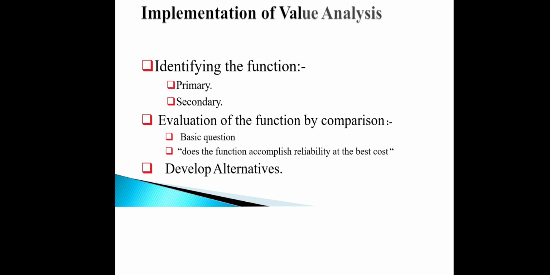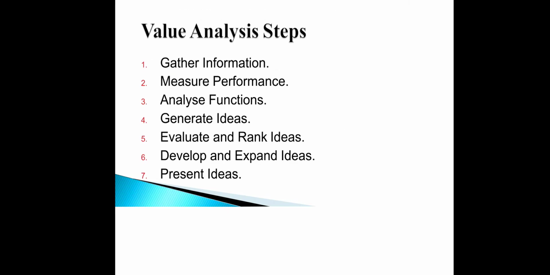The value analysis steps are the same as the value engineering steps, because the whole value engineering process is done in stages, as we discussed in a previous lecture. In value analysis, the steps are: gather the information, measure performance, analyze function, generate ideas, evaluate and rank ideas, develop and expand ideas, and present ideas.